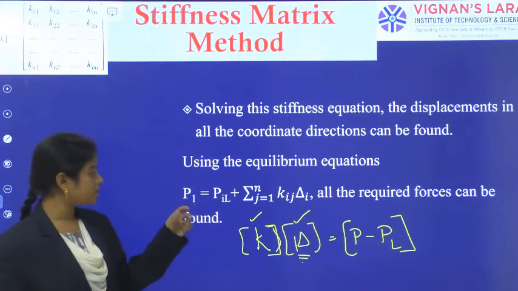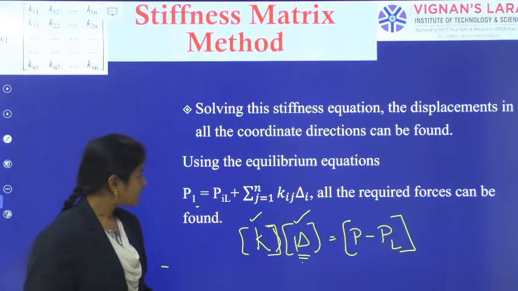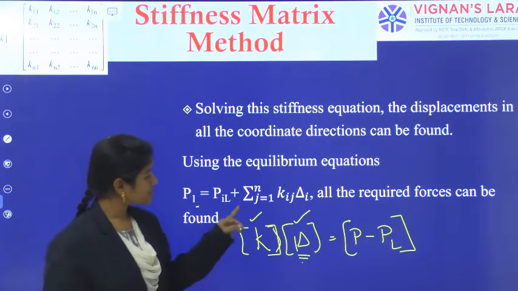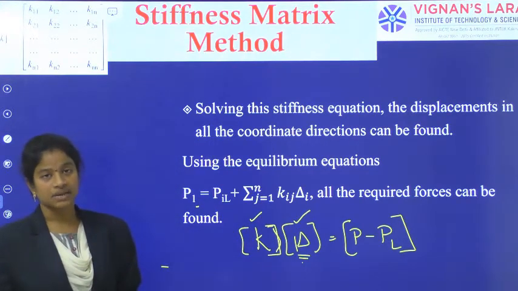Using the equilibrium equation, Pi is equal to PiL plus sigma j equal to 1 to n k i j delta j, all the required forces can be calculated.